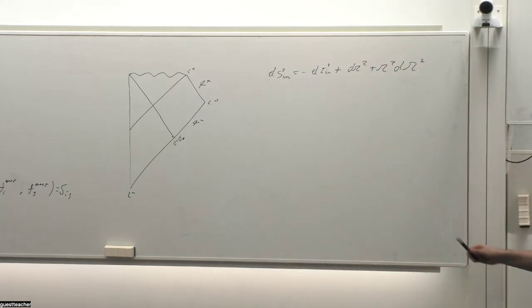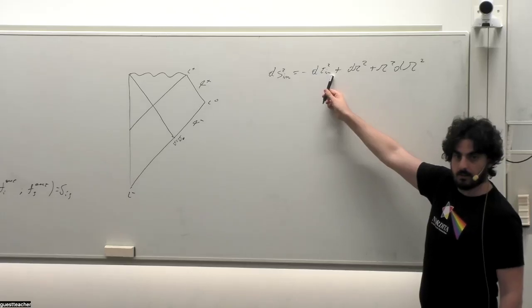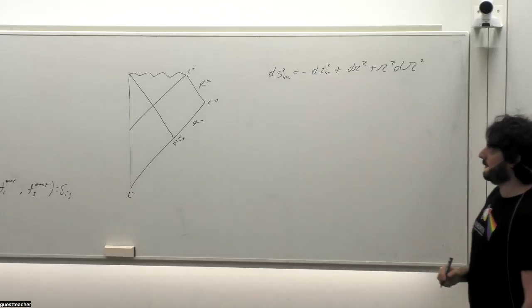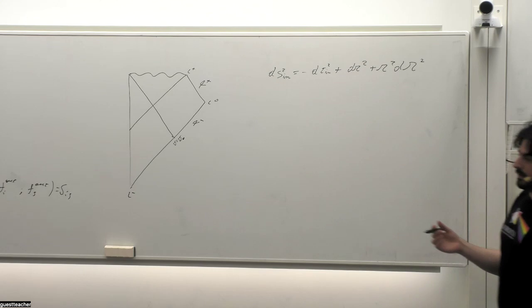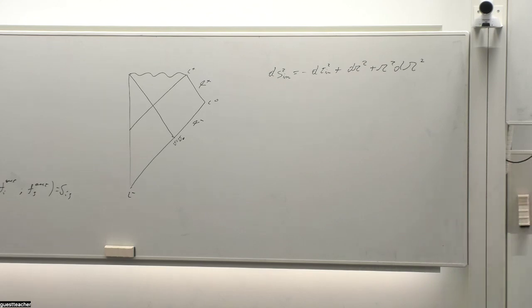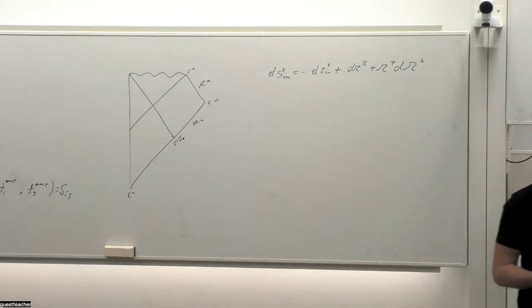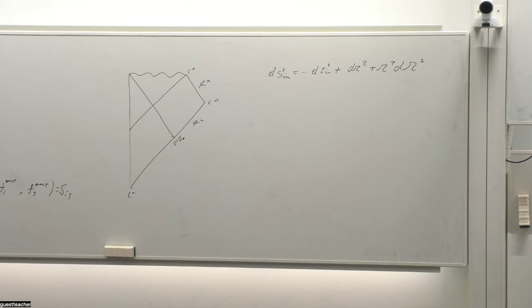I added the in specification on the time because the time can be discontinuous across the shell, but I didn't add it on the radius because the radial value is continuous. This is the Israel junction condition. If you're familiar with it, okay, you've seen it. If you're not, it's fine. The result is that the metric induced on the shell is continuous, so the radius is continuous. So I don't need to write out and in.